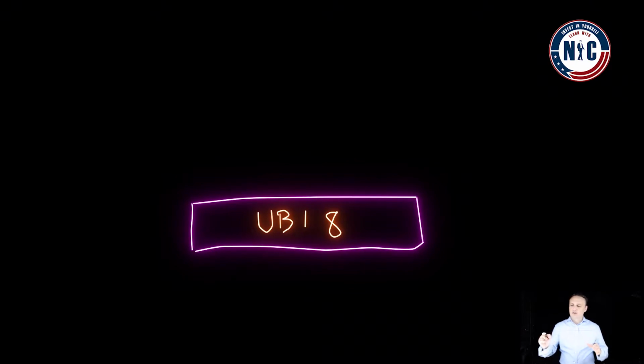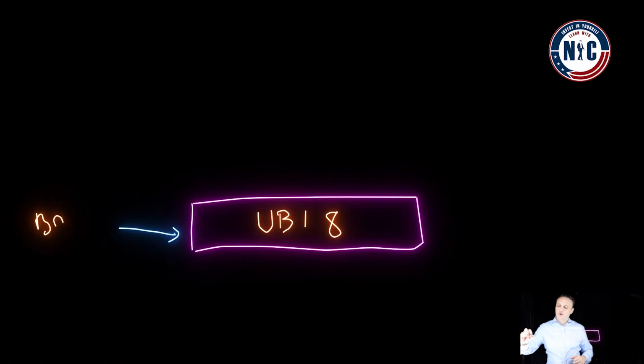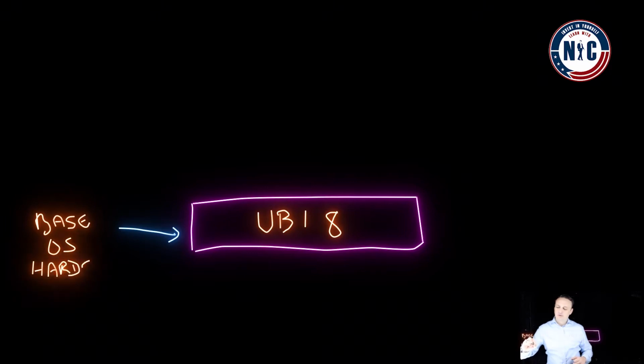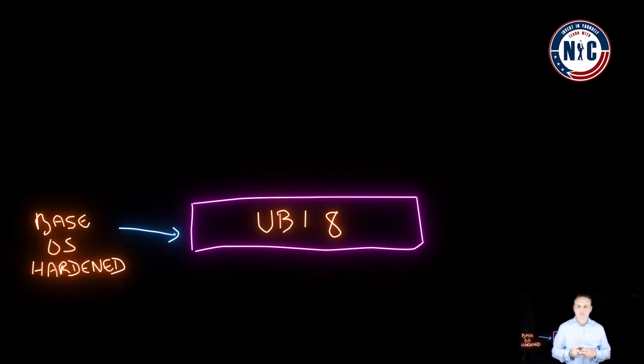So this layer is now the base OS for all of the containers. And that layer is hardened thanks to automation and the proper settings, and of course scanned continuously as well. So now you have this base layer. That's the operating system that's used across all containers.